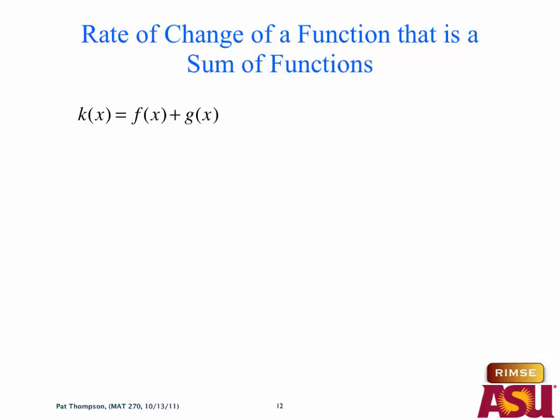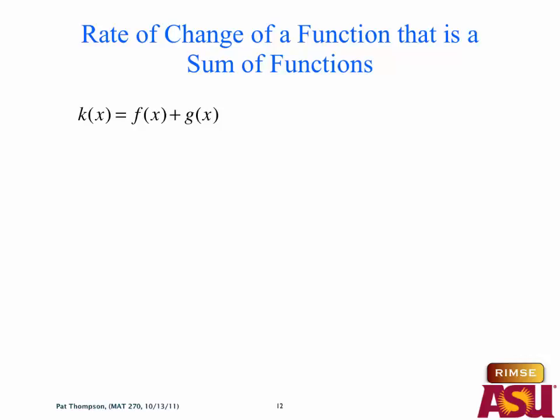What are we interested in? We're interested in the rate of change of k with respect to x. I'm going to write on the board here. Screens: I want you to write out the rate of change function in general for the function k. That's the first step, always.